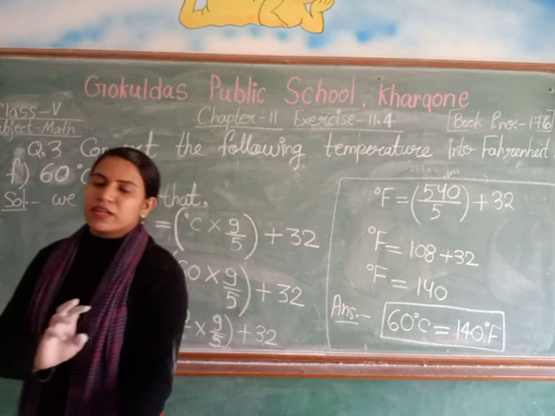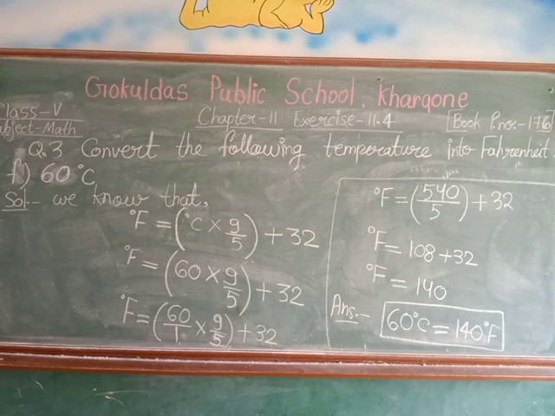Both are equal. Temperature is measured in two scales, one is centigrade and other one is Fahrenheit. And this is how, with the help of this formula, we can convert centigrade into Fahrenheit scale. So note down the solution, or take the screenshot of the solution.